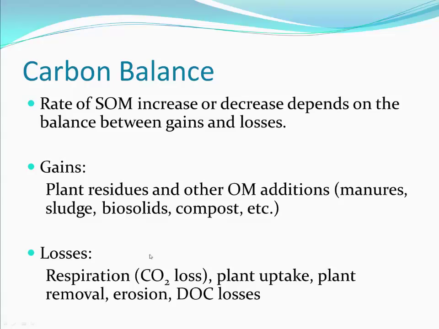But the losses are from CO2 through decomposition, plant uptake of materials, plant removal, and then any erosion that takes place because of excess removal of residue, or dissolved organic carbon losses. Dissolved organic carbon is water soluble carbon, and it can be lost through deep leaching of the soil.